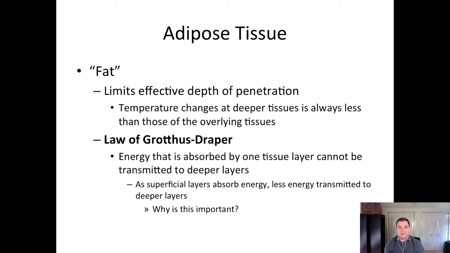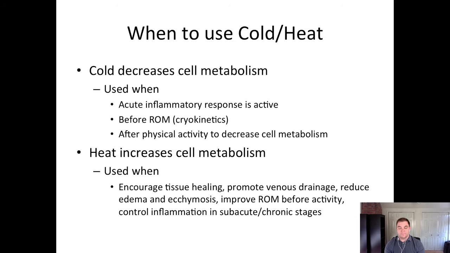So say you want to heat that. It's a pretty common muscle that can be afflicted in sciatica and some other things. But it's very deep. So if I place a hot pack on the patient, I'd probably have to leave that hot pack there a pretty long time, and we'll figure that out, for any energy to be absorbed by my piriformis. Law of Grotthuss-Draper. You'll see it again on quizzes, tests.